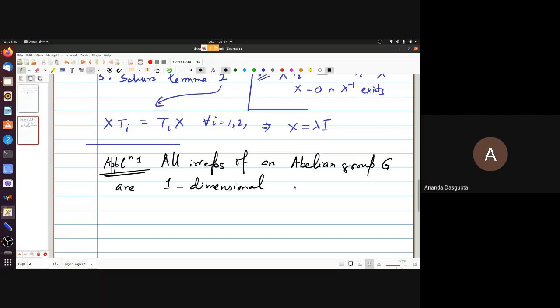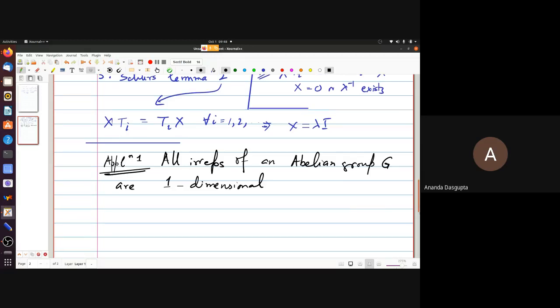What that means simply is that if you have an irreducible representation of G, an abelian group, on a finite dimensional vector space, then that vector space has to be 1D. You can't have this on a space of more than 1D. Okay, I hope everybody is still with me.